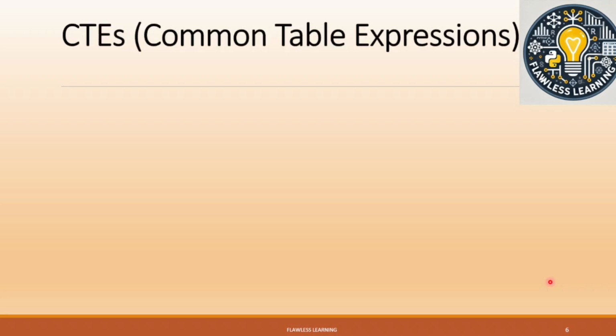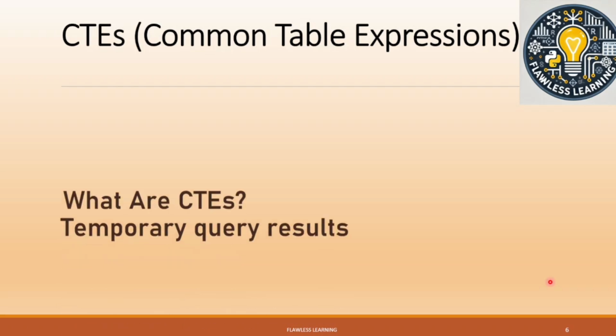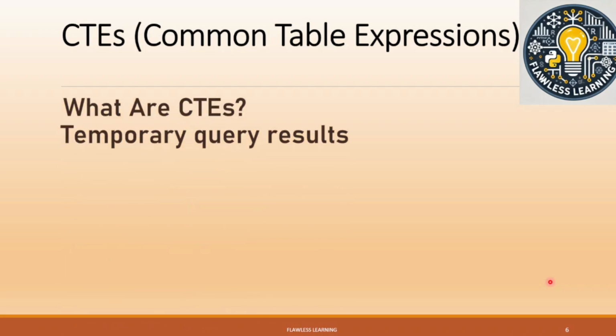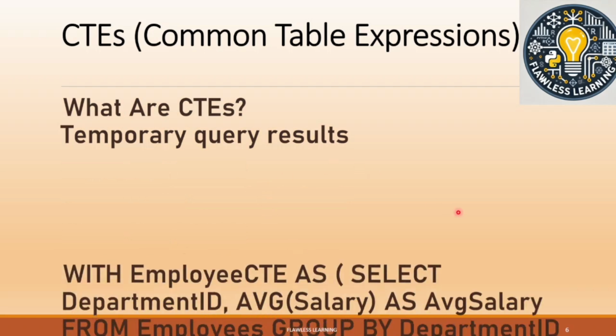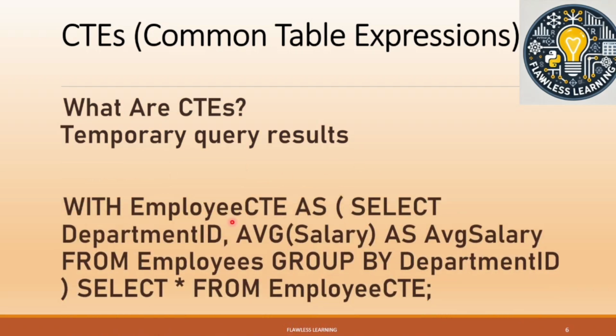Now there are CTEs, common table expressions. What are CTEs? A temporary query result. Now there is an example, like WITH employee CTE. So that's the command to create a CTE, that is WITH.